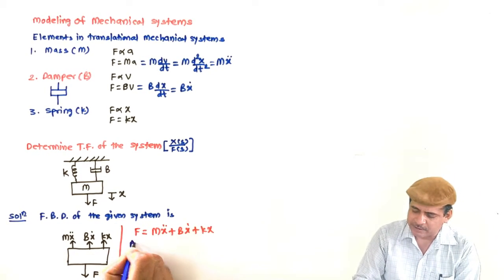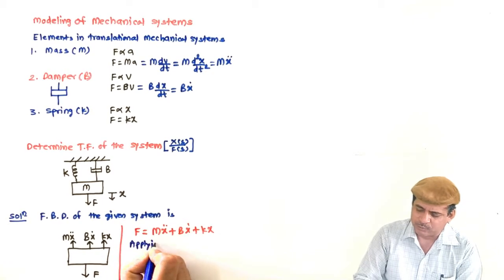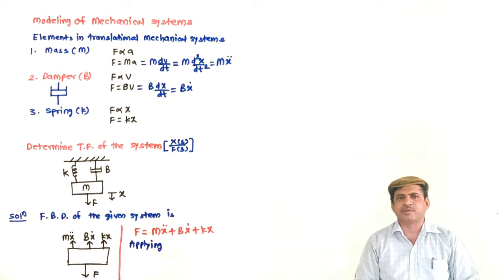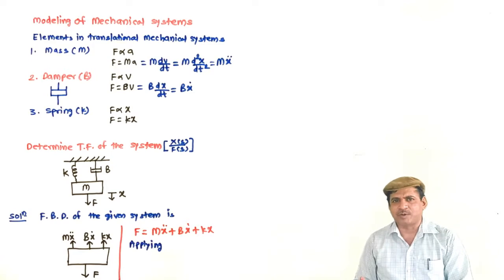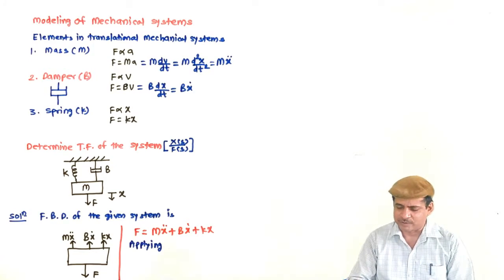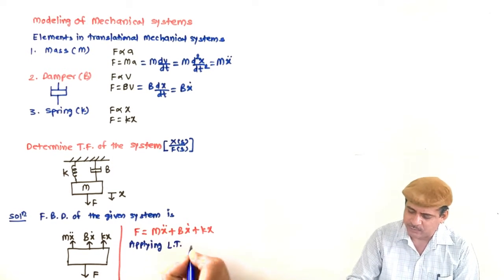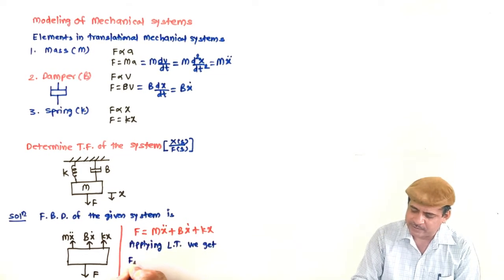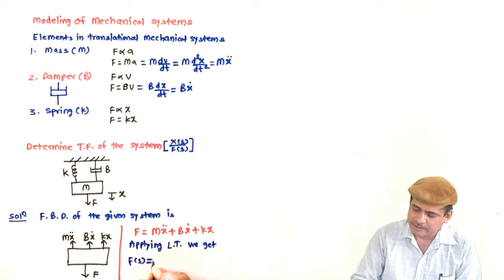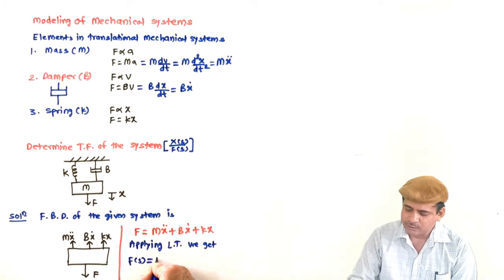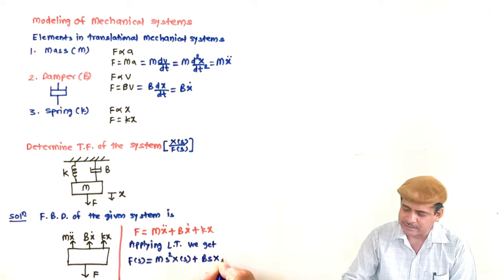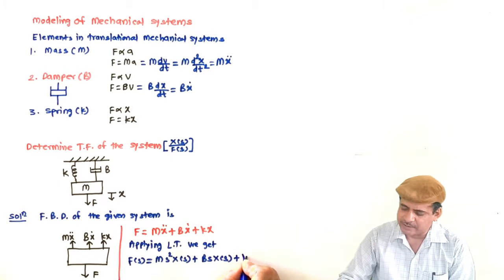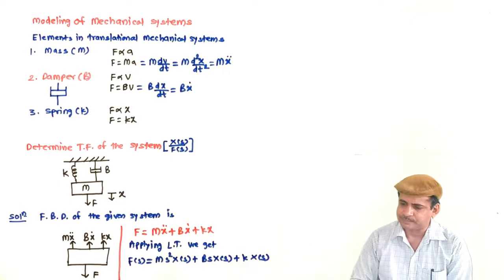Then applying Laplace transform, straightforward procedure. Procedure is always the same. Write the differential equation, apply Laplace transform, and get the transfer function. Applying Laplace transform, we get, for this, f of s. Then it is a double derivative, so ms square x of s, we are neglecting initial conditions, bs x of s plus k x of s.